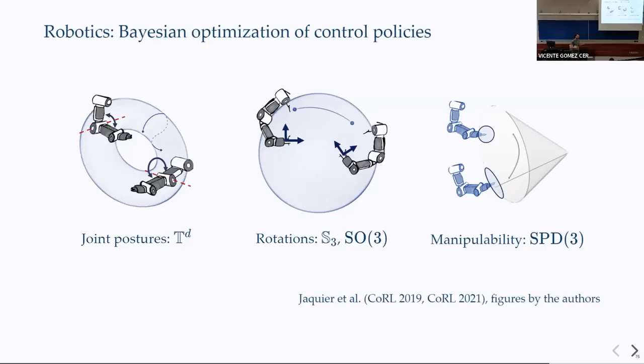This is a very interesting goal for practical purposes, because, for example, if you're fine-tuning a policy after installation of a robot in a factory, you want to do this quickly and you want to spend as few cycles of this robot as possible. And it shows that building the geometry, which is inherent in the problem, into the models that you use, and into the optimization procedure as well, helps to boost Bayesian optimization, in this case, considerably.